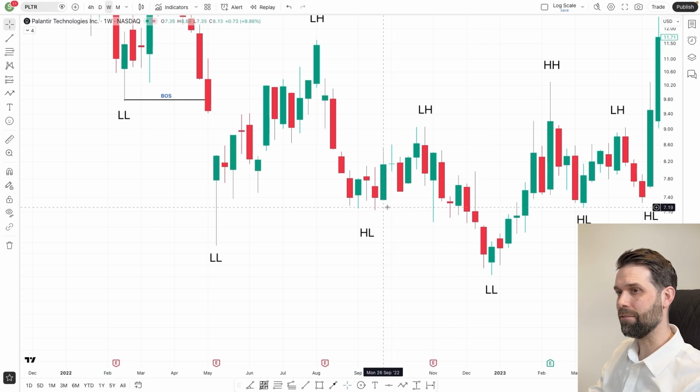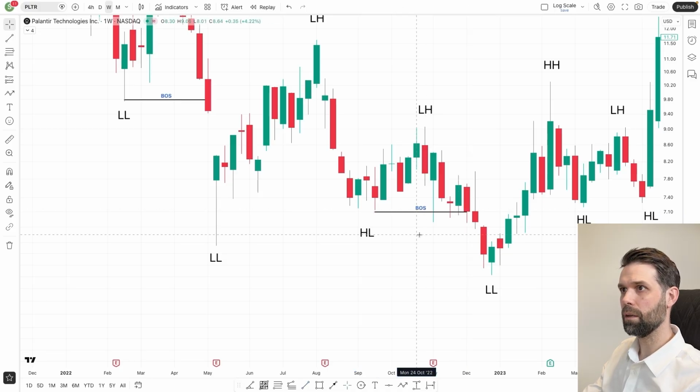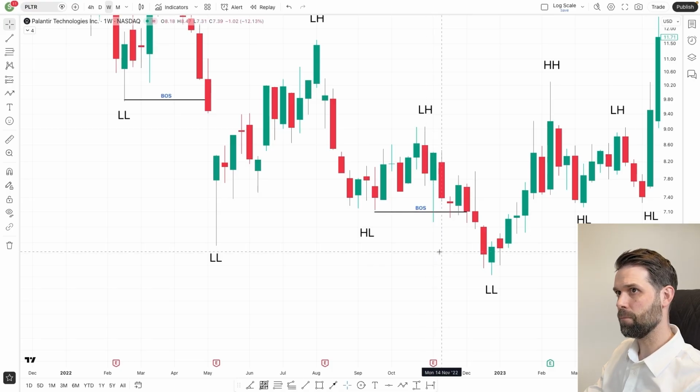So we have a continuation down in this area. So we will mark that as a break of structure to the downside. And this wick right here associated with this lower low, when this candle closes below, that is a BOS to the downside right there.